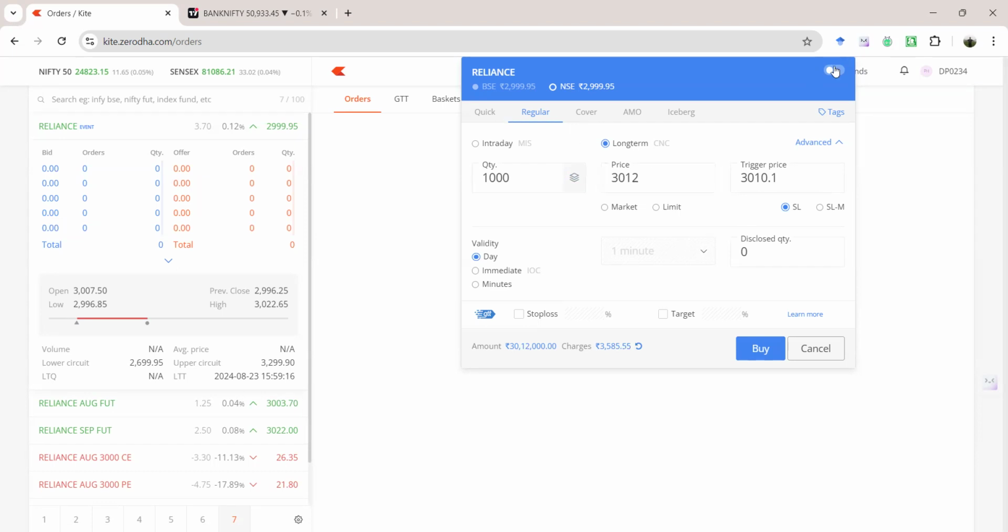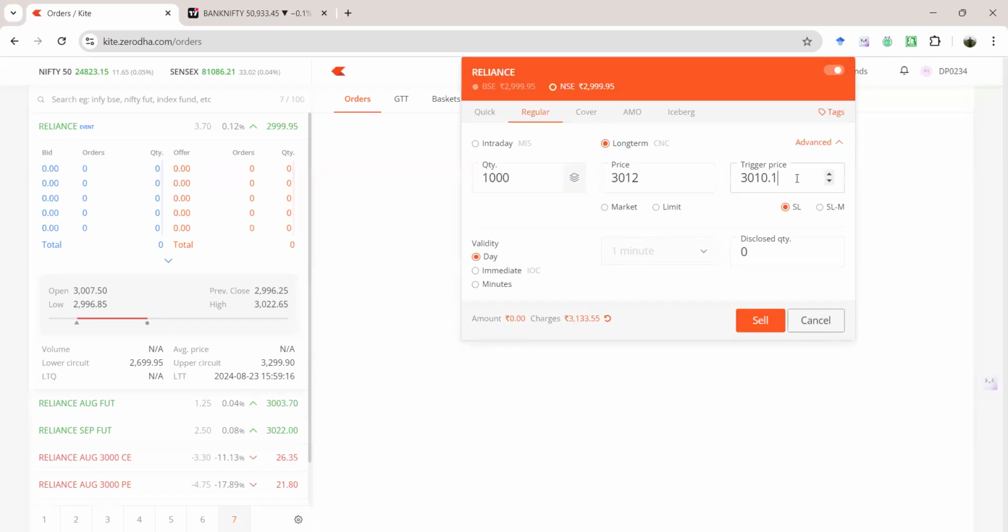This is the same for buying as well as selling. When we are selling, we have to use lower levels, 2990 rupees, and trigger can be 2990 rupees or less than that. So we can use 2988. This kind of order can be placed, and when price falls below 2990, it will start selling up to 2988 or till our quantity is executed.